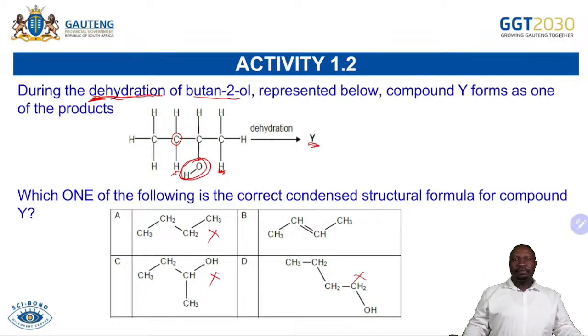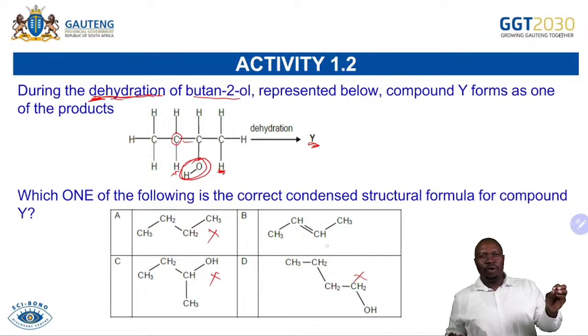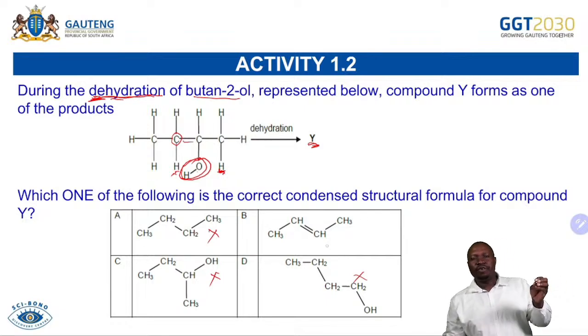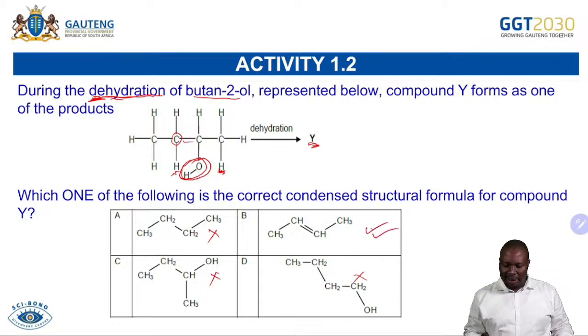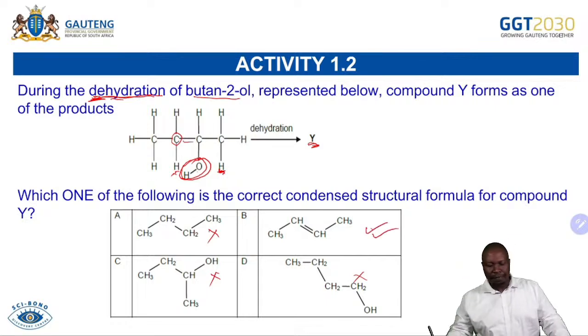The only option is option B, where a double bond is formed, and that is the major product. If the double bond was at carbon number 1, it would have been a minor product. For the major product, we eliminate from the carbon that has the least number of hydrogens. I hope I've emphasized that, and our answer there is B.